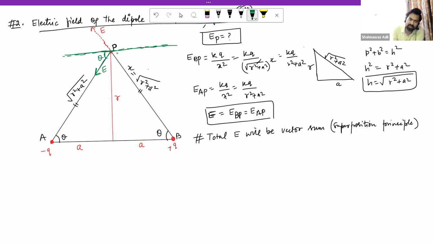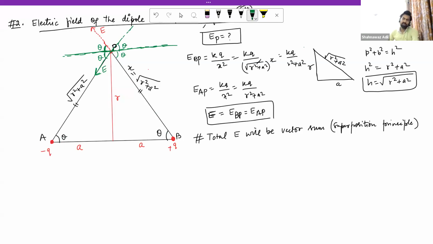This is theta, so this would be theta. And this one, how much is it? This is theta, so this one would also be theta. And this is theta, so this one would also be theta. Corresponding angles. This one is also theta, right?